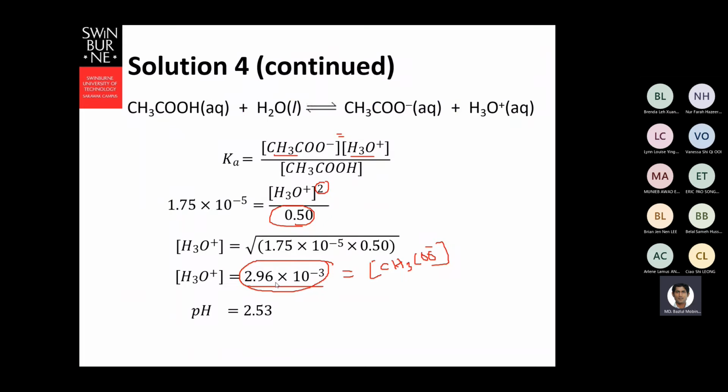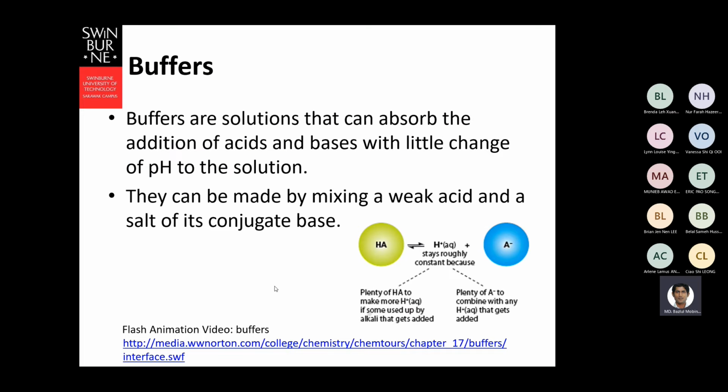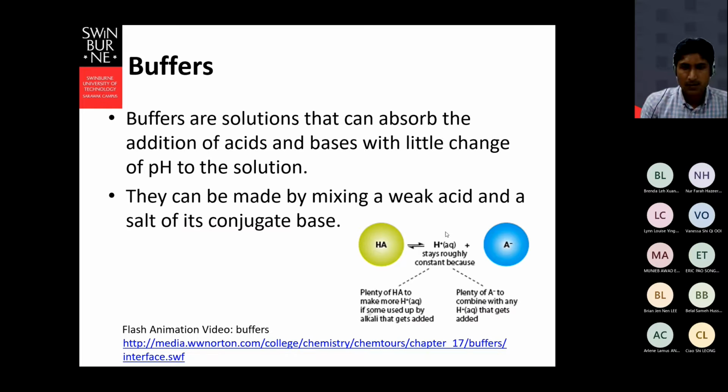All right. So now go to the buffer. Buffer, I'm sure that you have heard this term before, not for chemistry or chemical purposes, but for other political, socio-political things.